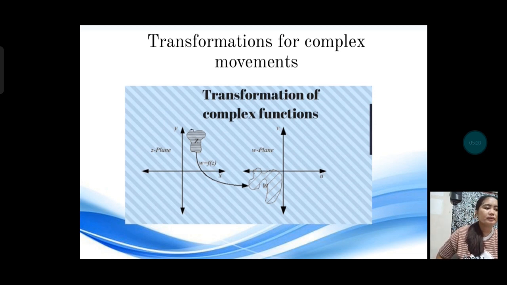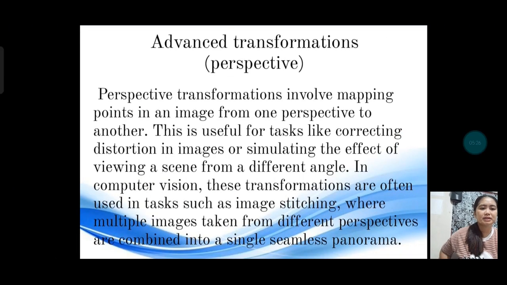So, next is the advanced transformation. Perspective transformation involves mapping points in an image from one perspective to another. This is useful for tasks like correcting distortion in images or simulating the effect of viewing a scene from a different angle.